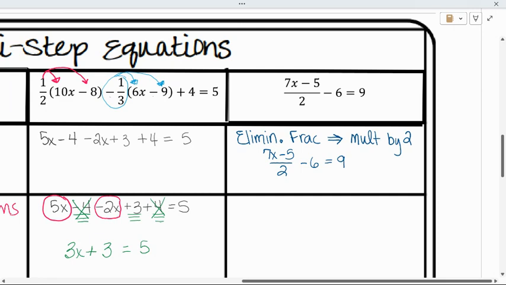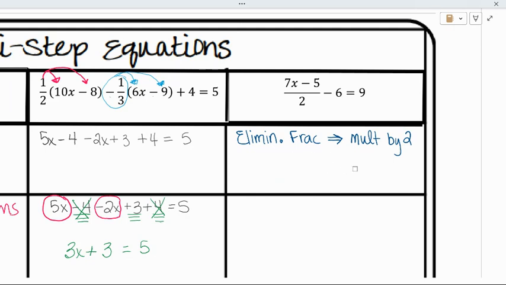I have a question. Can I eliminate the fraction yet? What is next to that fraction? Minus 6. So we have to get rid of that minus 6 first. So we are going to eliminate the fraction by multiplying by 2.